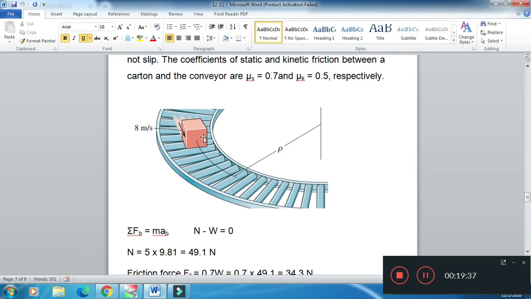Since the carton is moving with a constant speed of 8 meters per second, there is no acceleration in the tangential direction, so no friction force is required to balance it. But since the carton follows a curved path, there is normal acceleration, and to balance it the friction force comes into effect in the normal direction.